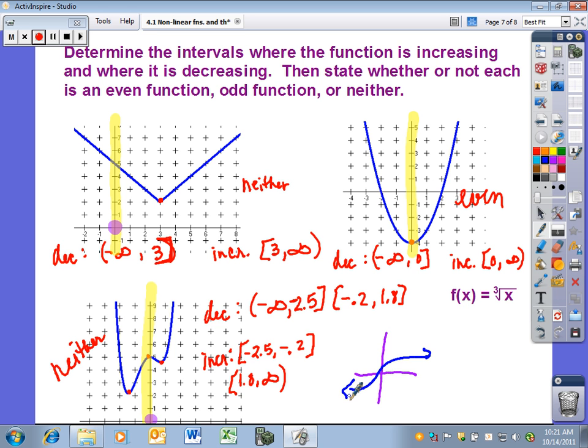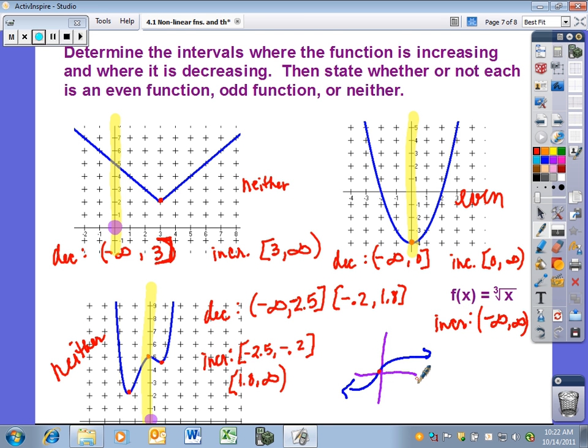Okay? So it's increasing to 0, but it doesn't actually turn, it just keeps increasing. So it is increasing from negative infinity to infinity. No matter what, the function is always on an increase. It never falls from left to right.